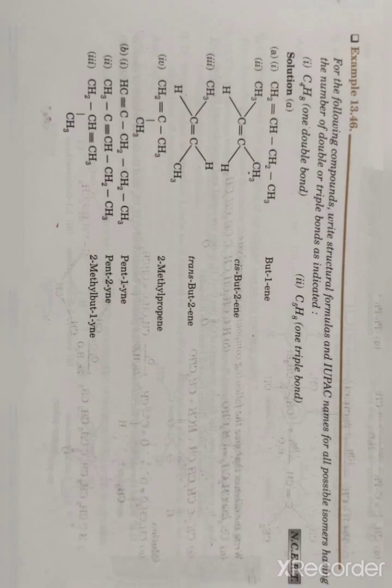Next is C5H8, and what is the condition given? There should be one triple bond. So C5 means make the 5 carbons, and because one triple bond should be there, keep a triple bond between the first and second carbon, keep the rest of the carbons single, and put the right number of hydrogens after checking the valency.